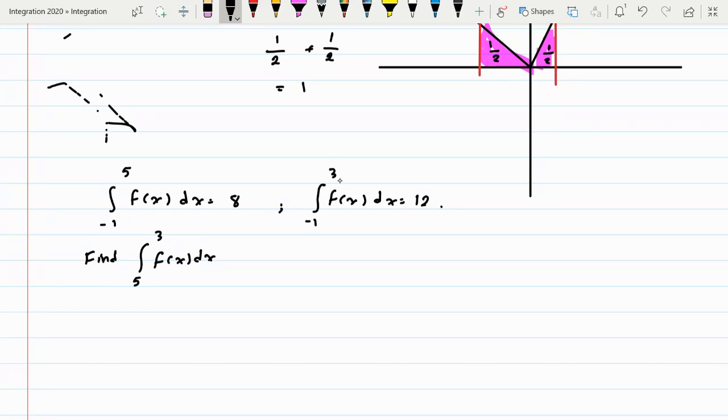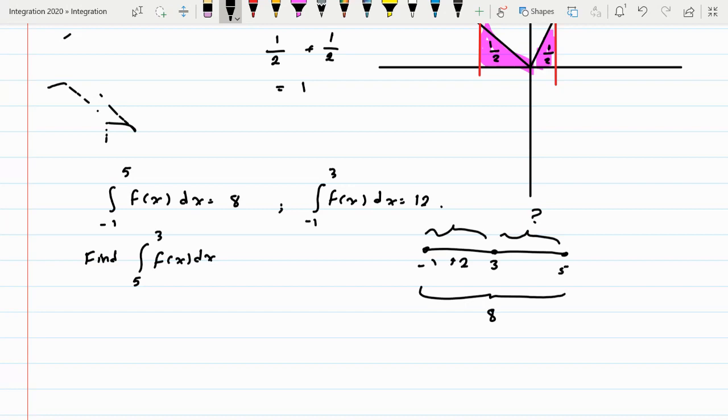If I have a question like this, two integrals, and he is asking me about the third one, I always prefer to use my line. You started from -1, you stopped at 3, and then you continued to 5. You tell me that from -1 to 3, the integral is 12. From 3 to 5, the integral is, I wish I knew, and from -1 to 5, the whole integral is 8. This one is 12.